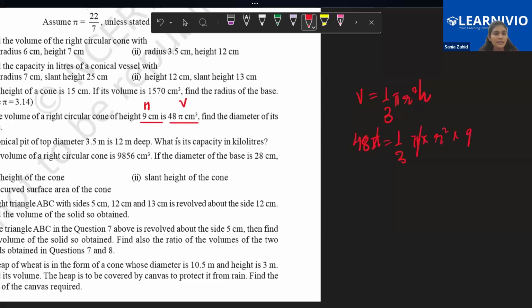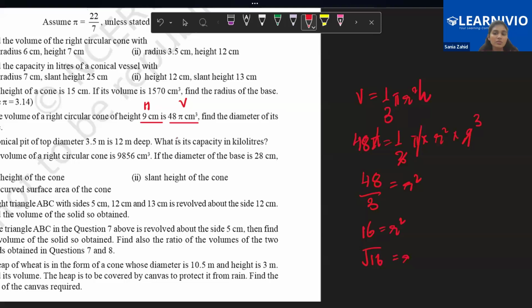Pi and pi got cancelled. 3 into 3 is 9. Then 48 divided by 3 is equal to r square. 3 into 6 is 18. So children, r square is 16, so r is under root 16.